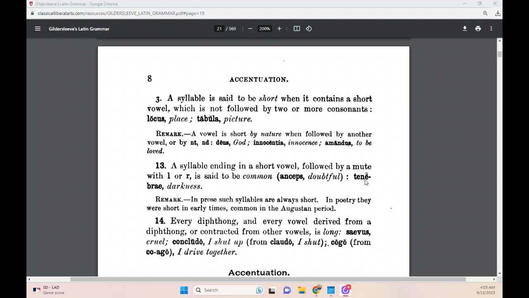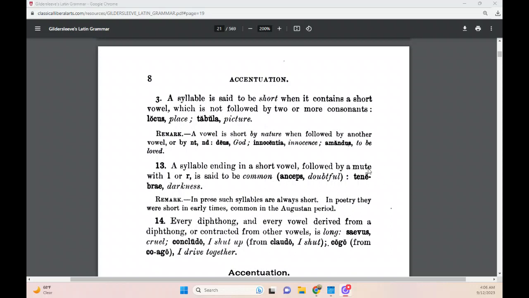We'd have te, ne, brae. So that's the meaning of this rule here. So it would be true for br or pr or bl or pl, a mute followed by l or r.